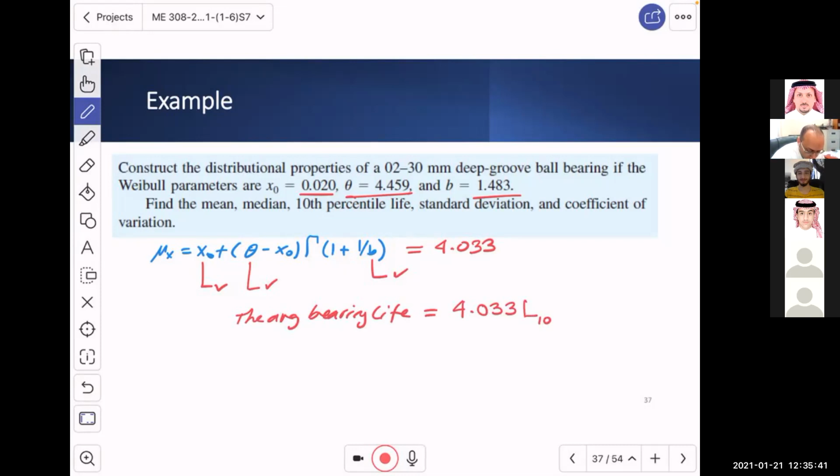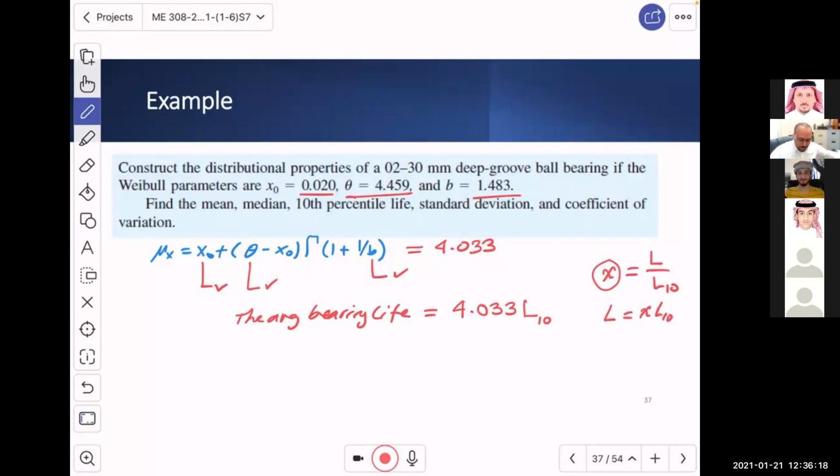How? When you have x, which is equal to L over L10, here you are measuring the average of x. So if this is the average of x, then L, which is the expected life, is going to be x multiplied by L10. When you measure the average of x, you multiply it by the rated life, and here you are saying that the average bearing life is 4.033 L10.